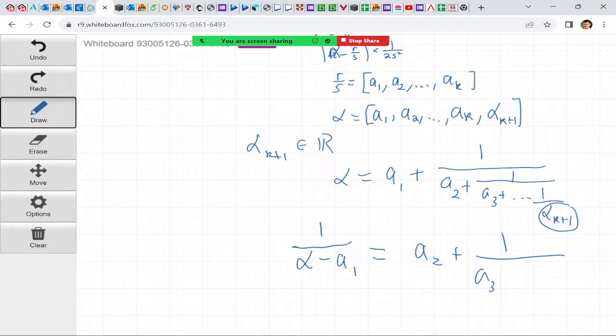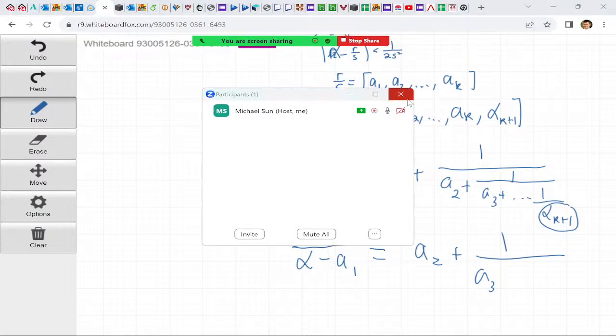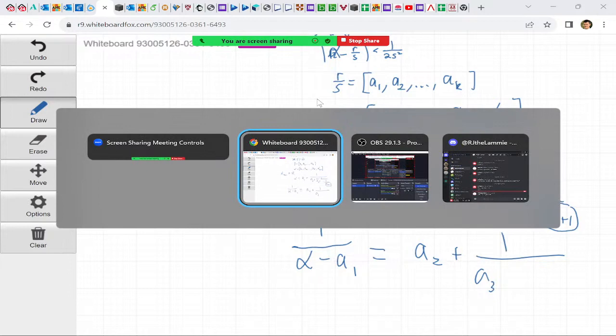How do we know that? R over S equals this big. That's the problem, because if it's on the wrong side, it's negative though.